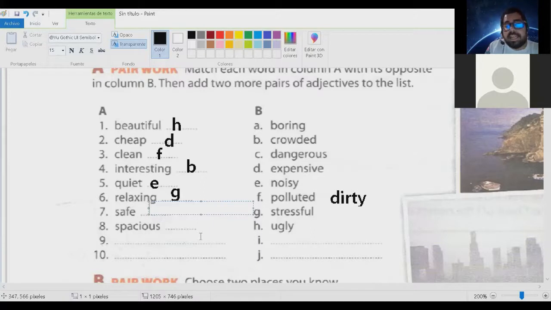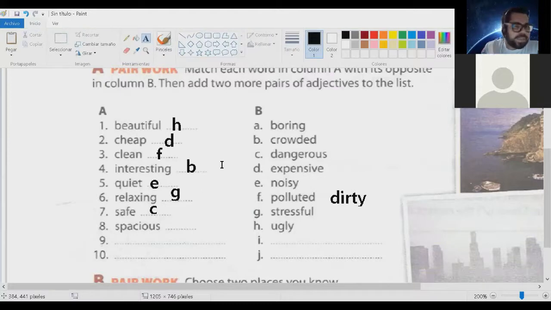I know they will say dangerous, but no, guys, we say dangerous. So that's letter C, actually. Number 7 is safe, and the opposite is dangerous. For example, guys, here in San Ramon the center of town is dangerous. Around 9 p.m. it's really dangerous, actually.